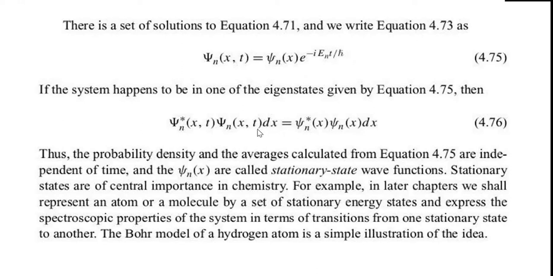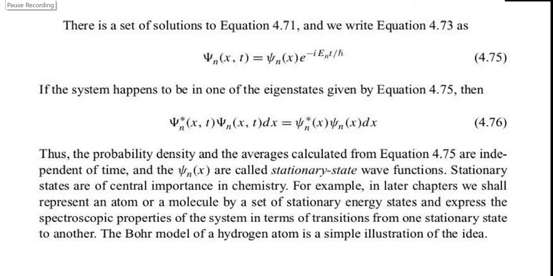So what we see is that though psi itself is time dependent, the mod psi square is actually time independent. It doesn't depend on time. Thus the probability density and the averages calculated are independent of time, and the psi n(x) are called stationary state wave functions. As I mentioned earlier, it is all because your capital H itself is time independent.